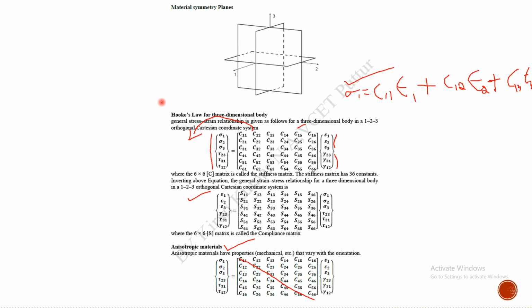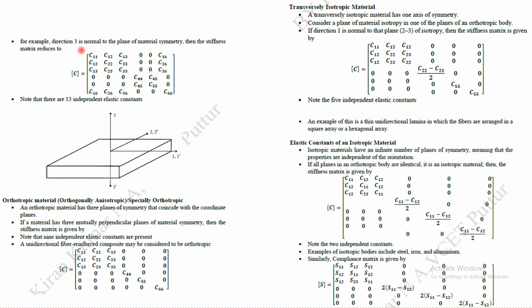So if I inscribe the material symmetry, it becomes a symmetrical matrix. And for anisotropy, one more condition is that direction 3 is normal to the plane of material symmetry. You can refer to this example. I inscribe the material into the material symmetry plane, and direction 3 is symmetrical about its center.